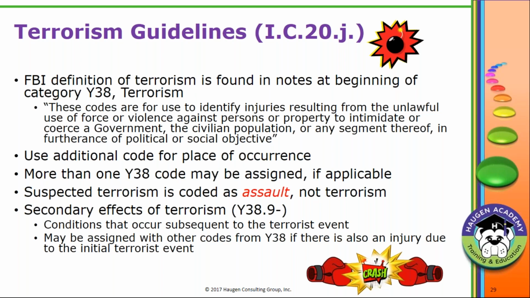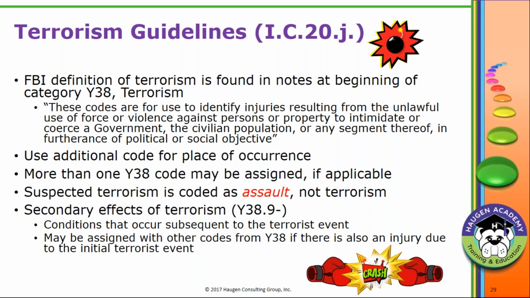And this is something else where I'm just not sure that at the time we're coding this we will really know if it will be confirmed that it is a terrorist related event. I would love to hear from you if that's something you ever see, if you've ever had anything in your area where it's been an issue. But I suspect that we just don't know at the time that we're coding. Now, with terrorism, we do use an additional code for the place of occurrence.